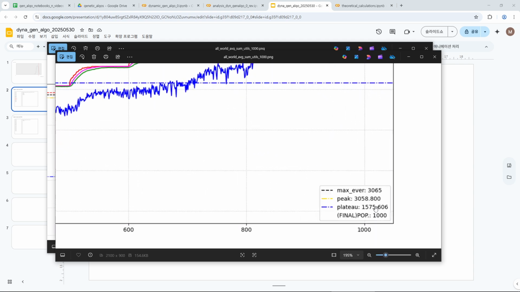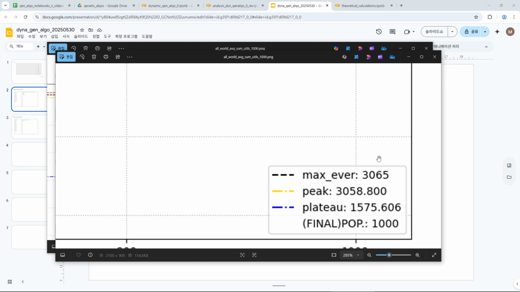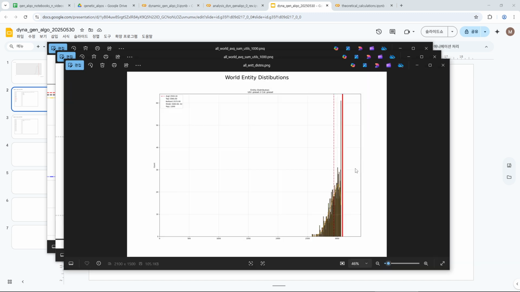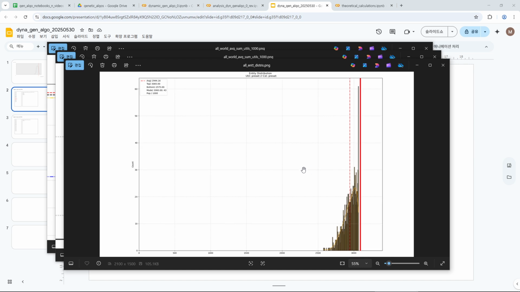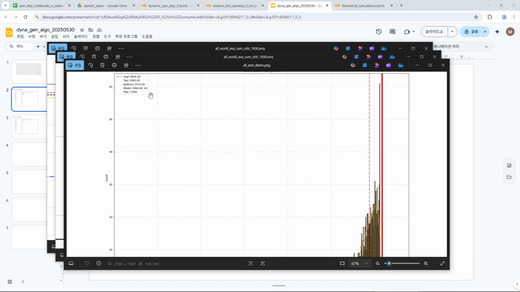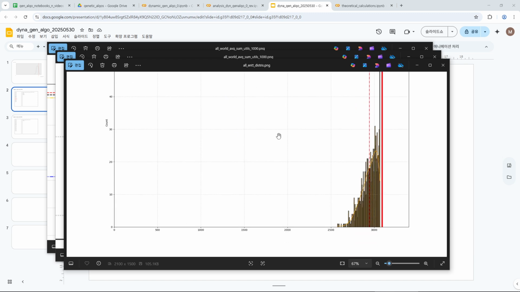And the peak is quite close to what could be considered the true ceiling. And this is the distribution. See, it is quite skewed, and a lot of entities are at 3060.